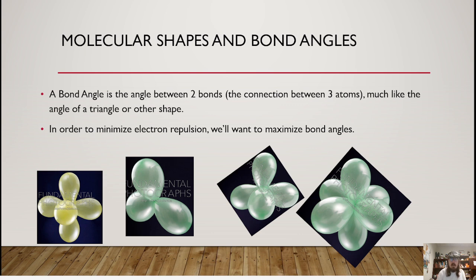Now, one thing we will need to recognize, even though I will rarely, if ever, ask you to calculate this, is that we are going to adopt bond angles. A bond angle is an angle made up between three atoms, with the center atom being between the two outer atoms. So we're saying, what angle does atom A make with atom C, with atom B being in the center of that? Now, these same angles are defined in similar ways as what we might be defining with a circle.